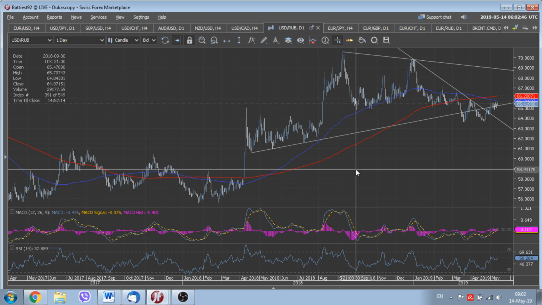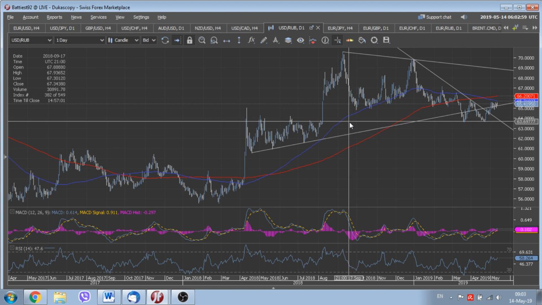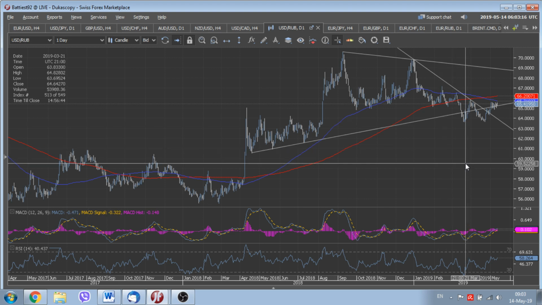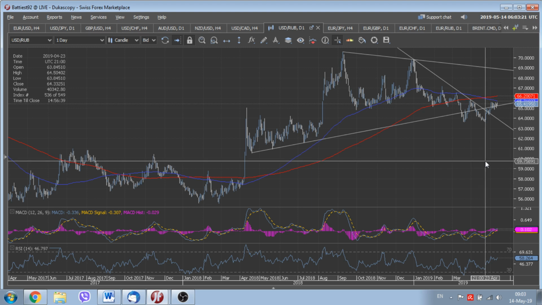Besides any kind of other fundamental factors like the policy of the Russian central bank or the evolution of world oil prices, the technical situation should remain probably a bit more bullish for the dollar ruble while we are trading above this important support zone of 63.60, twice retested during this year, during March and April.